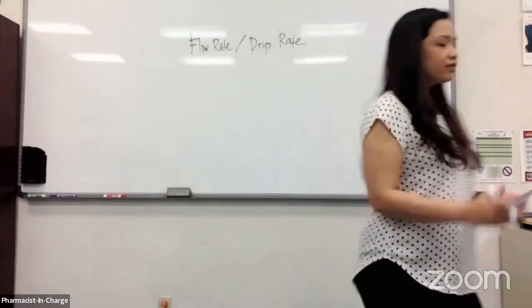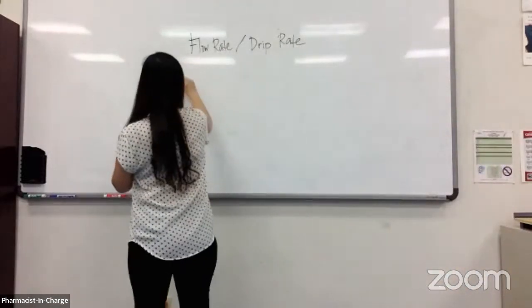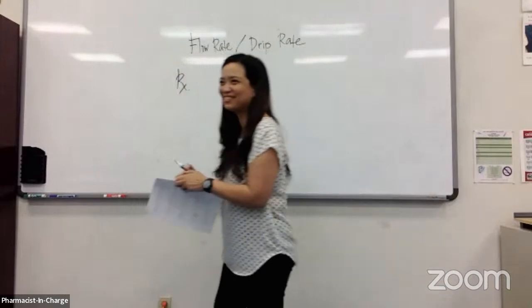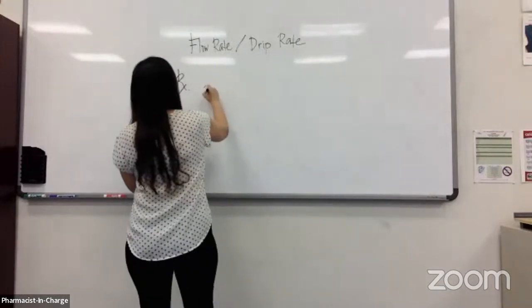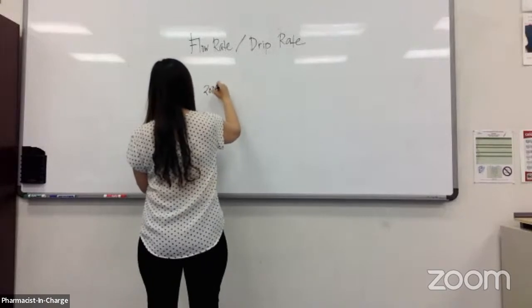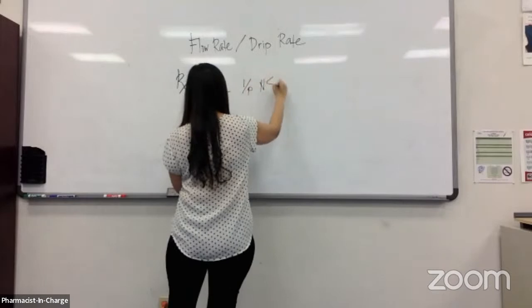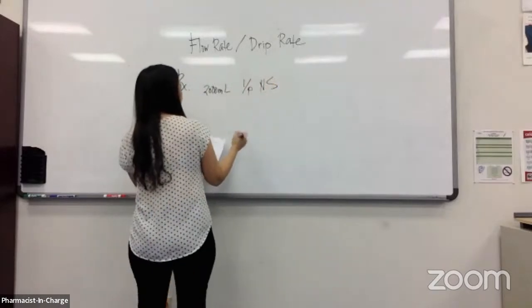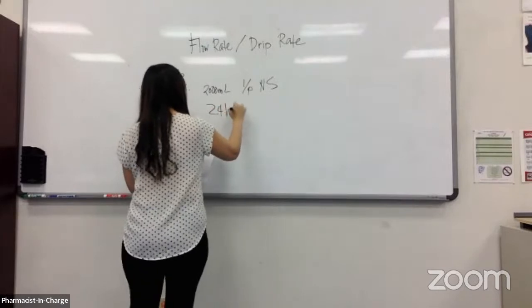Do you have the first order as 2000 ml? Everybody has a worksheet? Okay. 2000 ml, a quarter normal saline, infusing by pump over 24 hours.